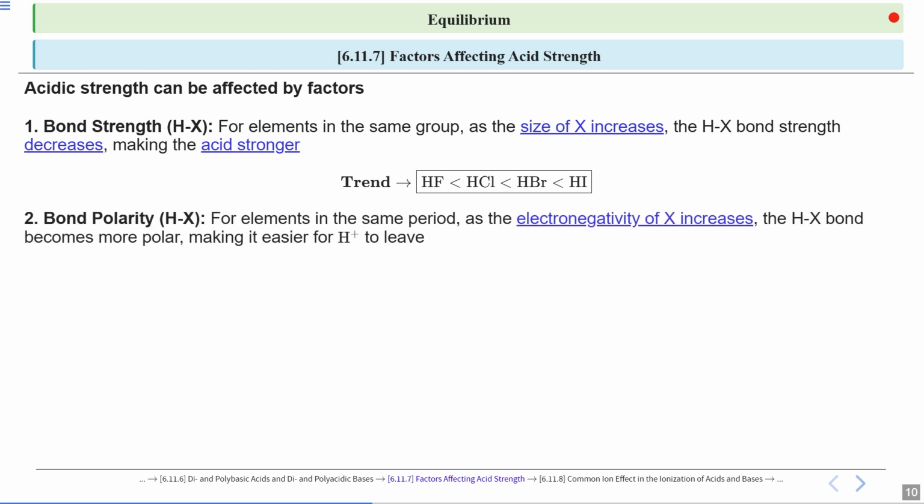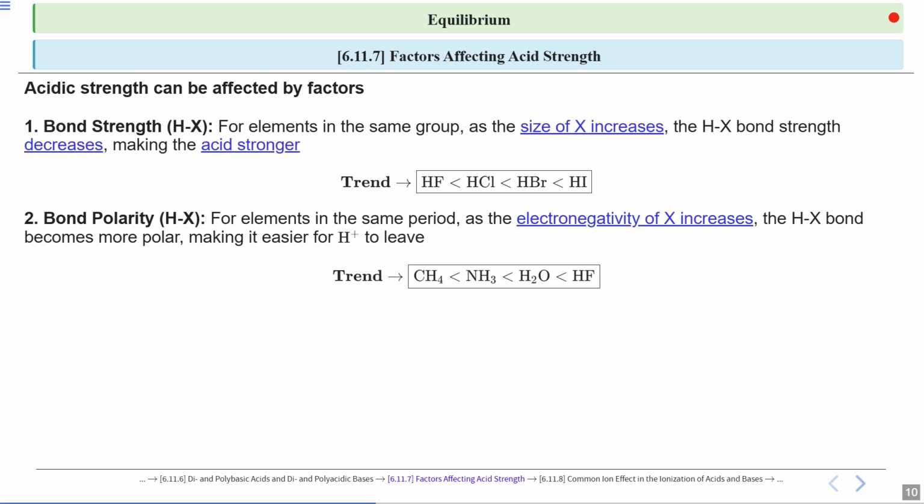The second is the bond polarity. It is applicable for the elements which are present in the same period. So if your atom has a greater electronegativity, it will have a greater tendency to become an ion and hence to release H plus, resulting in a stronger acid.